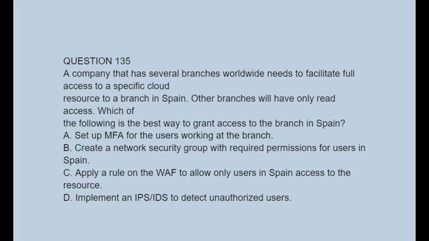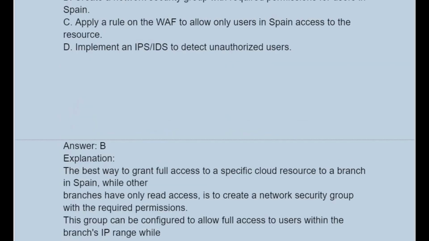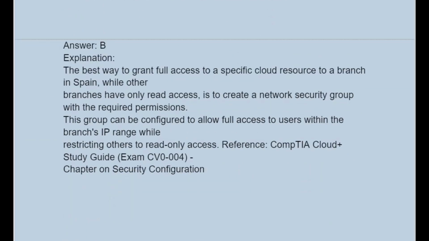Option B. Create a network security group with required permissions for users in Spain. Option C. Apply a rule on the WAF to allow only users in Spain access to the resource. Option D. Implement an IPS or IDS to detect unauthorized users. Correct answer is option B.